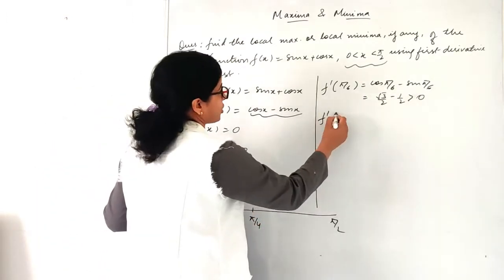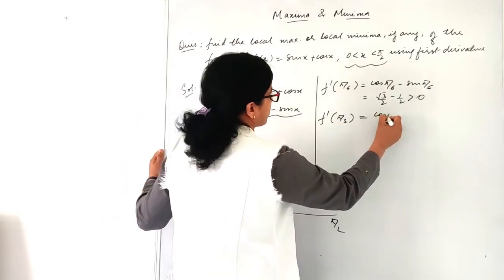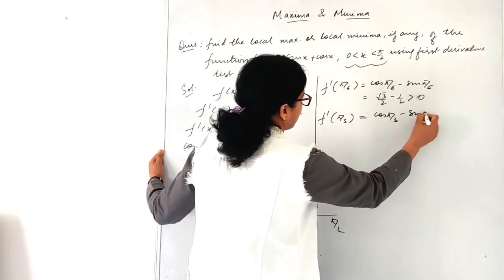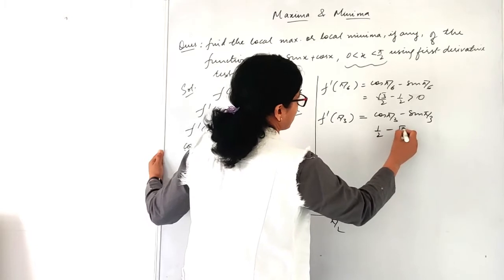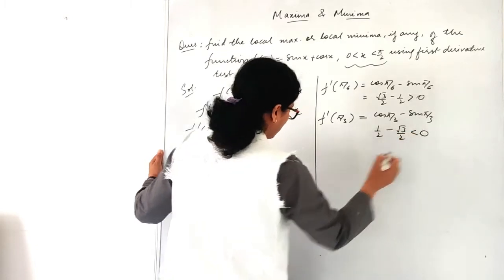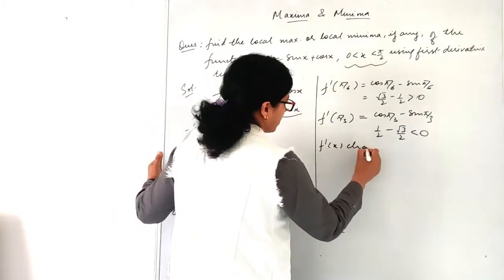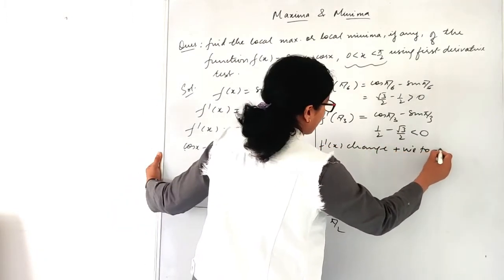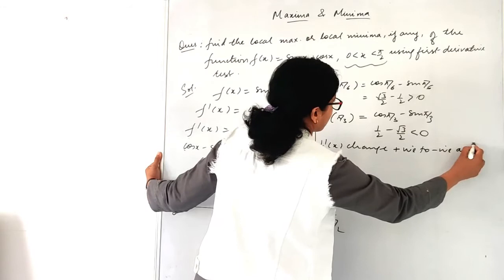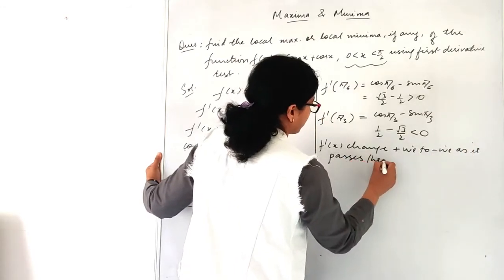So f dash pi by 3, cos pi by 3 minus sin pi by 3. Cos pi by 3 is 1 by 2 minus root 3 by 2, which is less than 0. So negative.